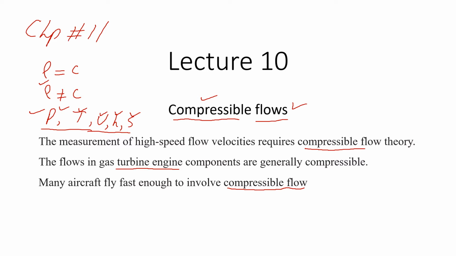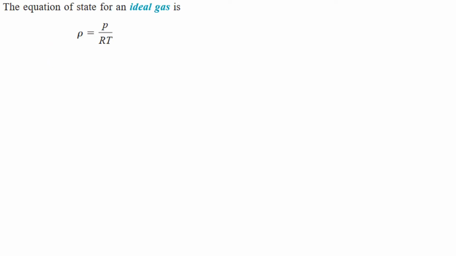Now we are going to talk about some basics of thermodynamics that we saw in the thermodynamics course, but we are going to revise them to give you a fresh idea from the perspective of fluid mechanics. The first equation is the equation of state for an ideal gas. You are familiar with this equation, P is equal to rho RT, where P is the pressure, rho is the density, R is the gas constant, and T is the temperature of the gas.